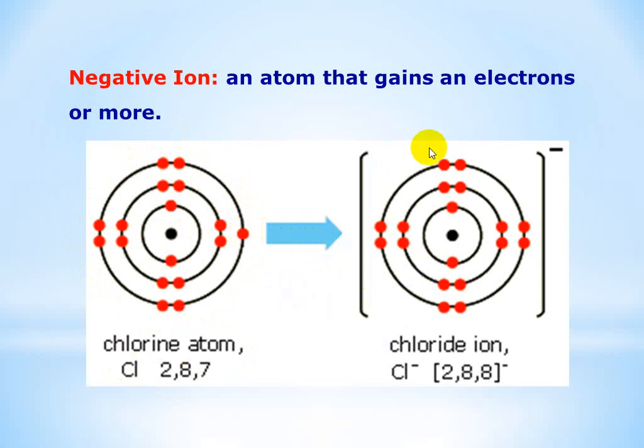After gaining 1 electron, here becomes 8, so it becomes 2,8,8. Instead of 2,8,7, it becomes 2,8,8. Now the number of electrons exceeds the number of protons by 1, so the negative charge dominates and it becomes a negative ion.